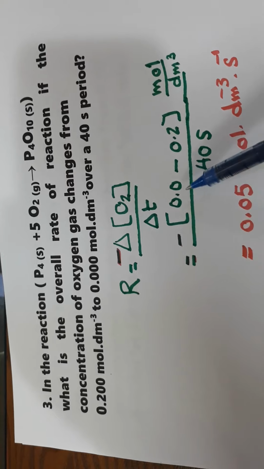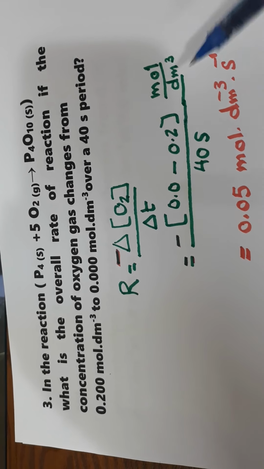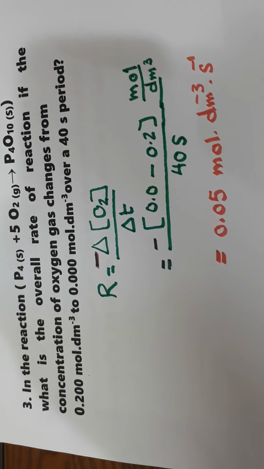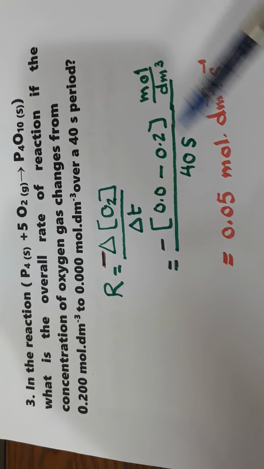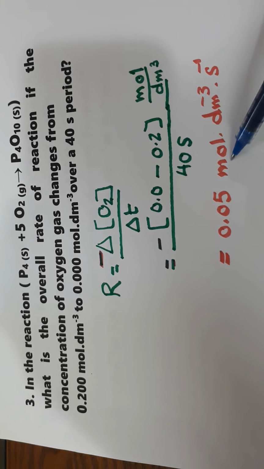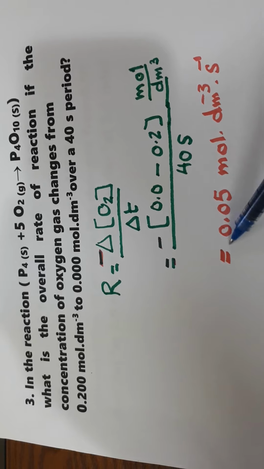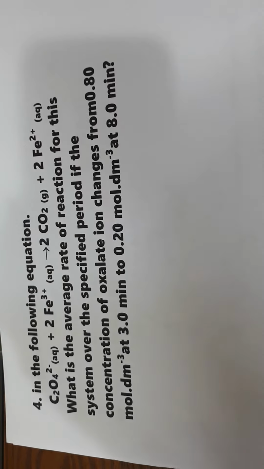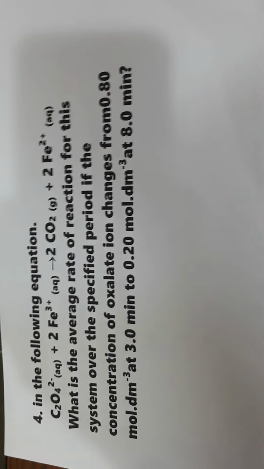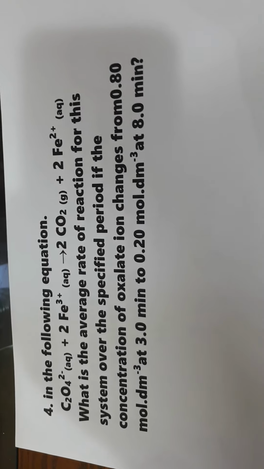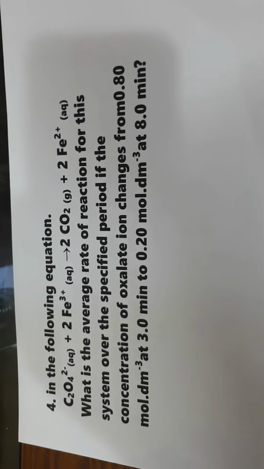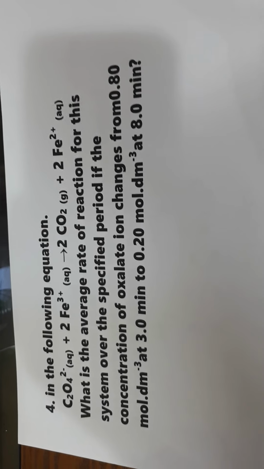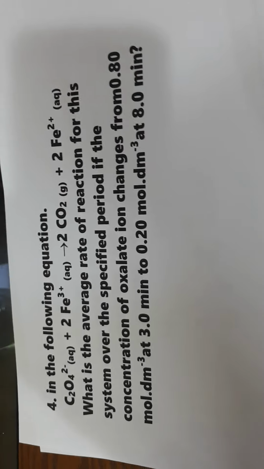The negative, the final concentration minus the initial concentration over the time, because the rate of reaction always has a positive sign. And this question you can solve as a class activity or as homework.